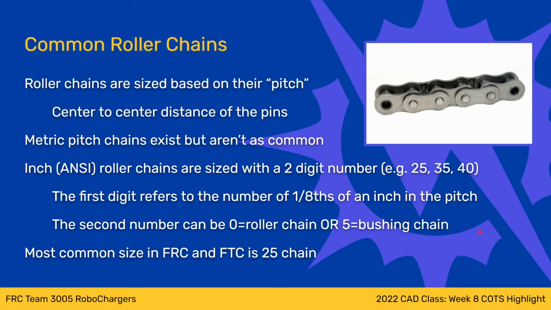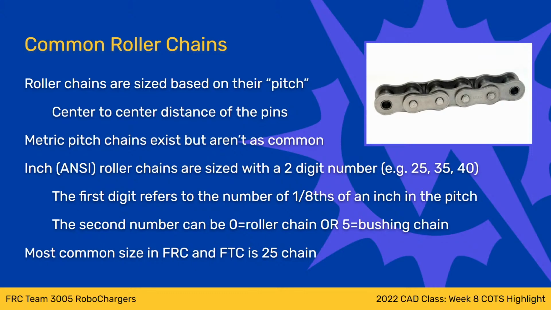Basically, in FRC, the most common size is 25 chain, and that applies to FTC as well. Obviously, it means that it's a 1/4-inch pitch chain, and it is a bushing chain. This is a little bit more on the smaller side. Industrially, these chains go up to much larger sizes to handle high load industrial applications.